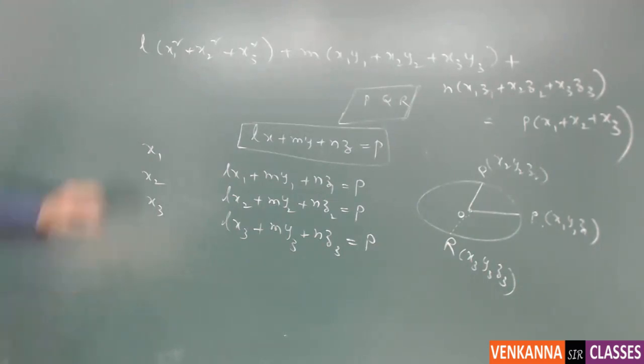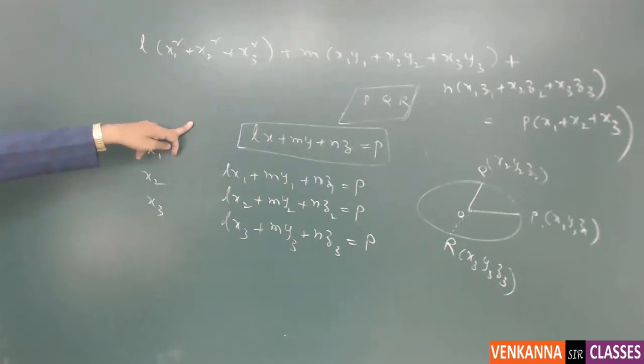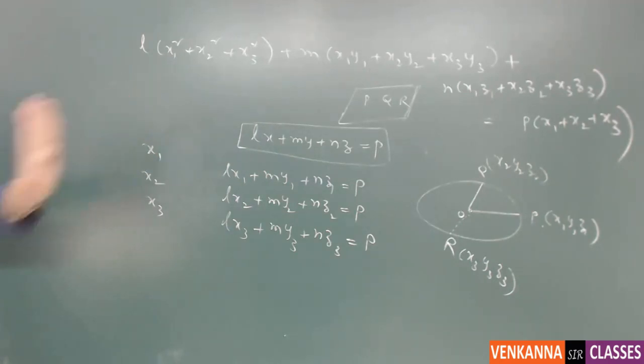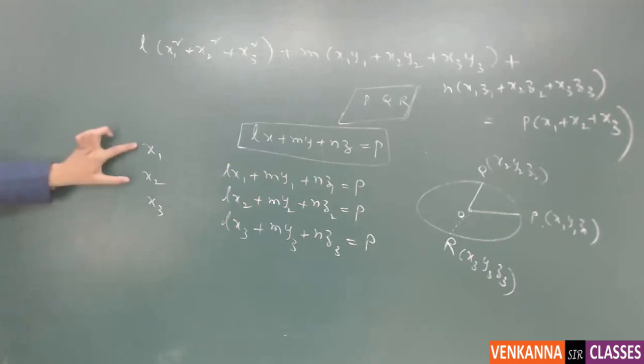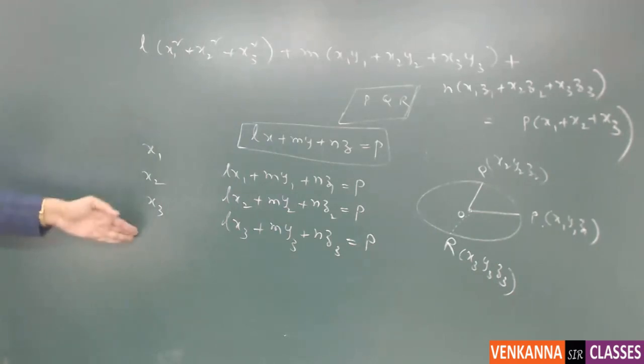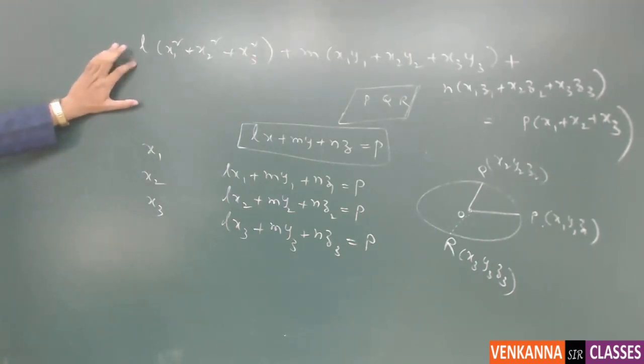So my intention is, after writing this plane equation, I want to know what L, M, N are. I have to find the values of L, M, N. That is my main intention. For that, I multiplied the equations with x1, x2, x3 respectively and added them. I will get this kind of thing.